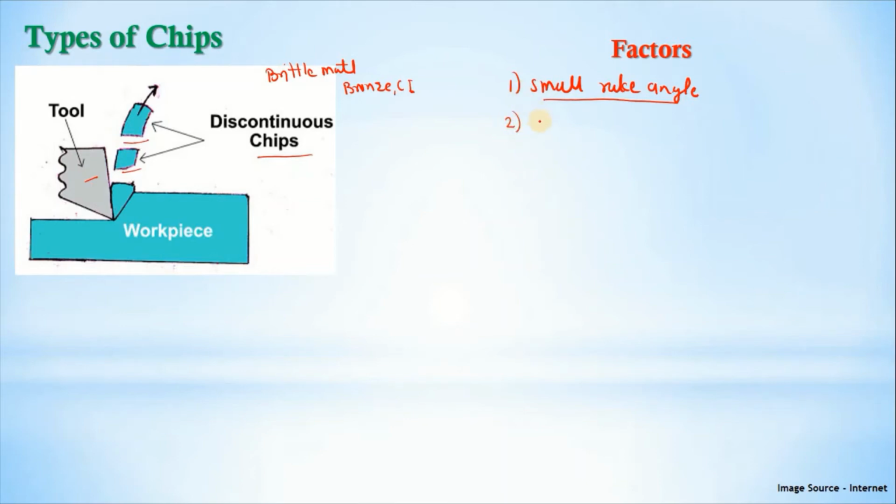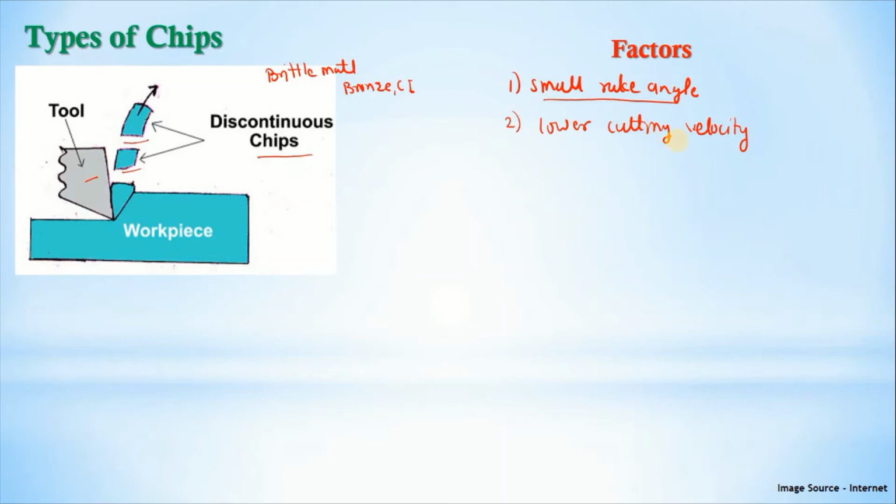The second factor is a lower cutting velocity. During machining with low velocity, the speed of the chips is also low. So the chips flowing towards the rake face also have low speed whenever we are machining with a lower cutting velocity.